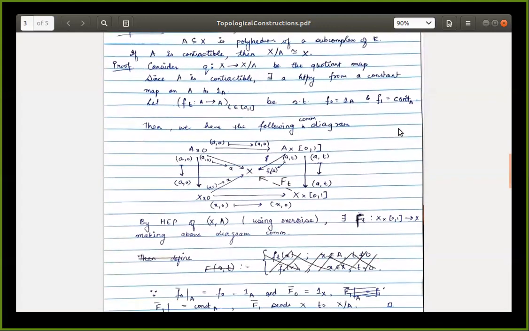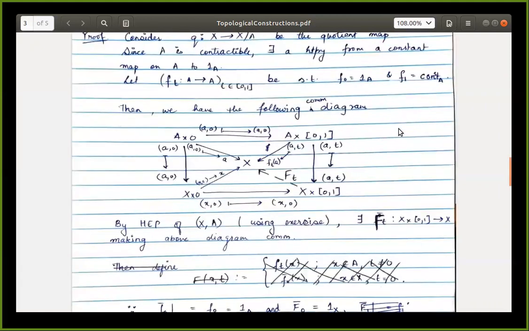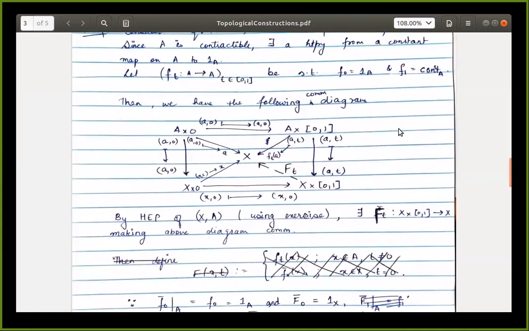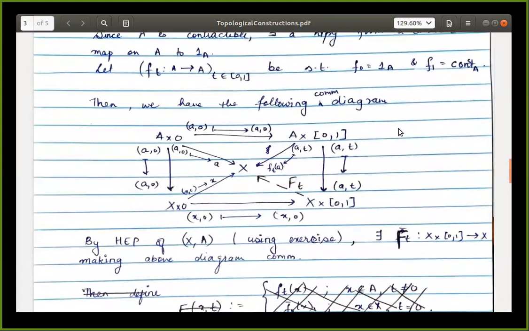Okay. Now we draw this diagram here. Is this better visible? So from A cross 0 to X cross 0, you have these obvious maps here all across. Outside maps are always obvious. Okay. And A cross [0, 1] to X cross [0, 1] is taking any (a, t) to (a, t) itself.